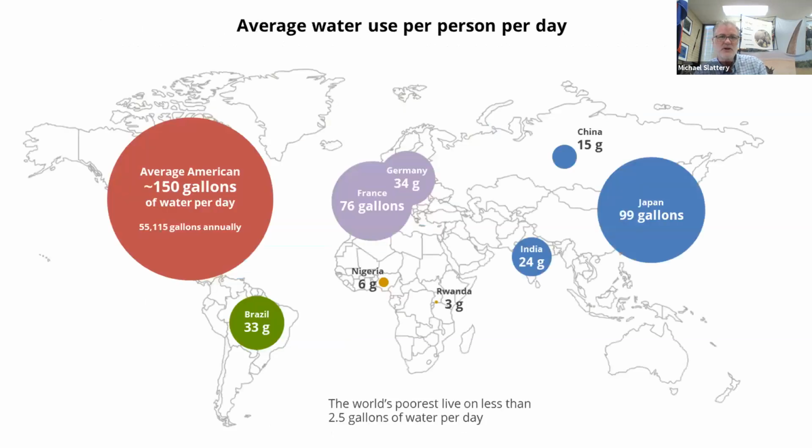And here's another way to look at it. I always think this one's quite interesting. This is the average water use per person per day, excluding things like power generation and crop irrigation. So this is domestic use. The average American uses about 150 gallons of water per day, on average. That's extraordinary. Why is it so high?